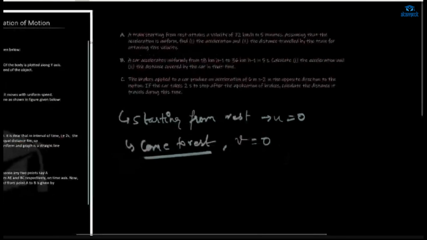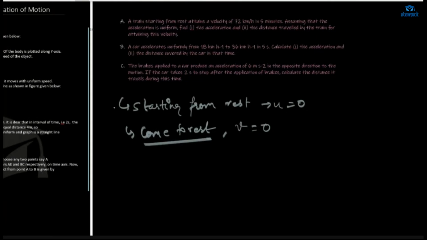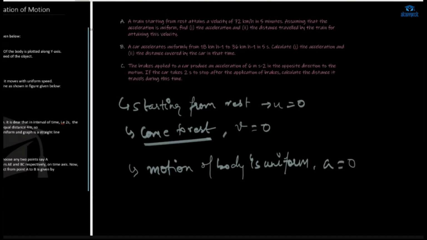One more thing: if it says the motion of the body is uniform, it means that a will be 0. Uniform motion means it is covering equal distances in equal intervals of time. It means the velocity is the same throughout the motion.